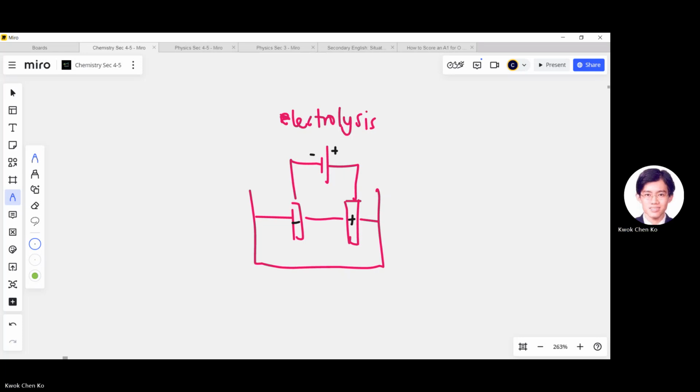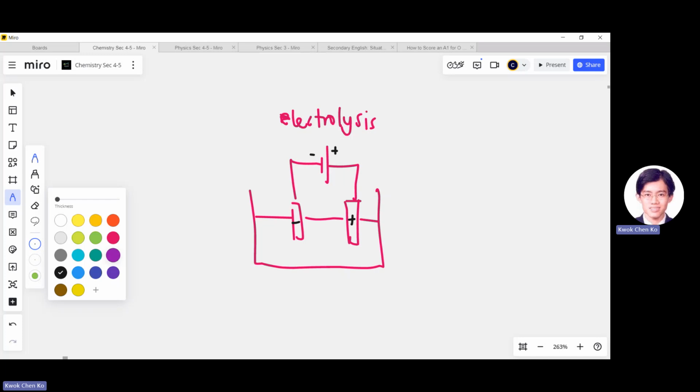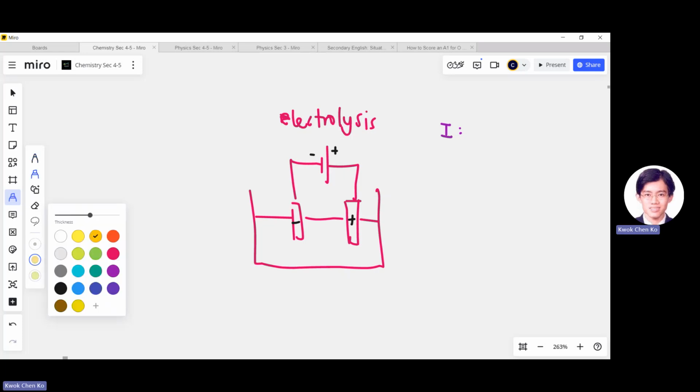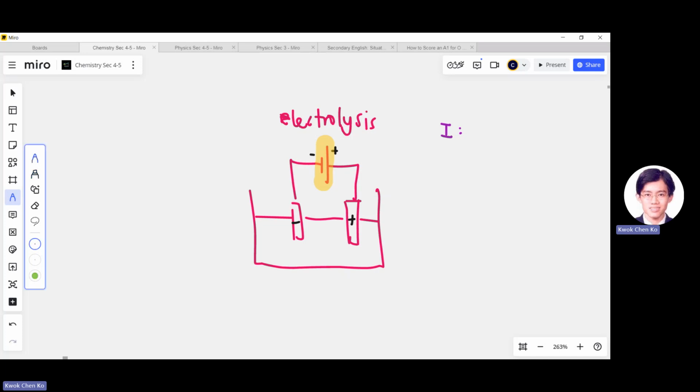Next, where's my current? Clockwise or anti-clockwise? Dylan? Current? Clockwise, anti-clockwise. Now try to follow. This is a battery. And for any battery, the current will flow out of the positive terminal, goes through the electrolyte back to the negative terminal.